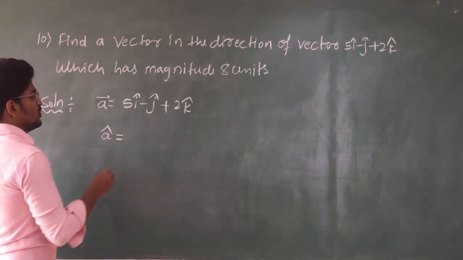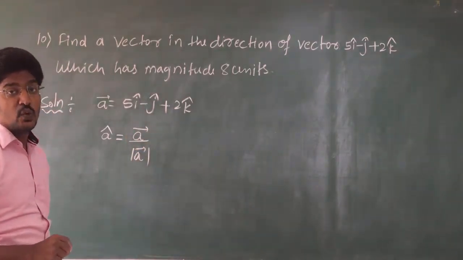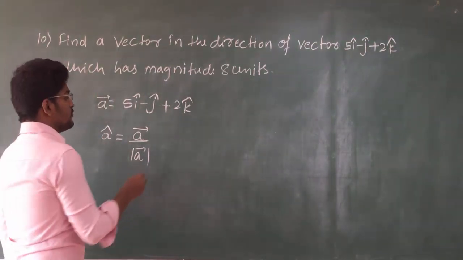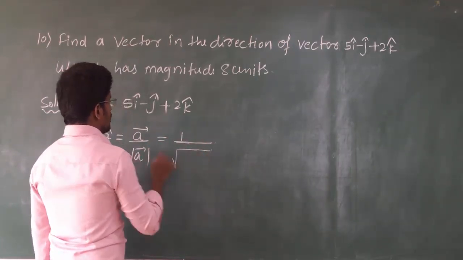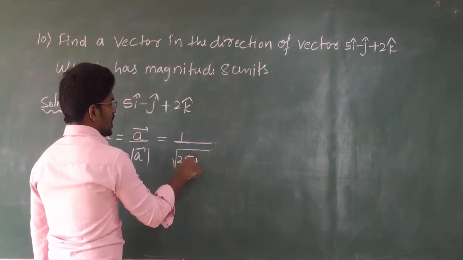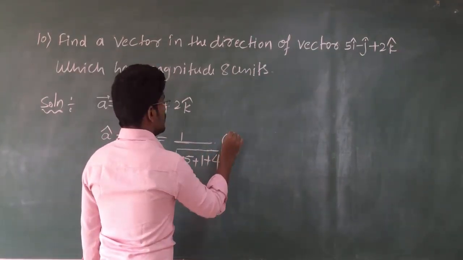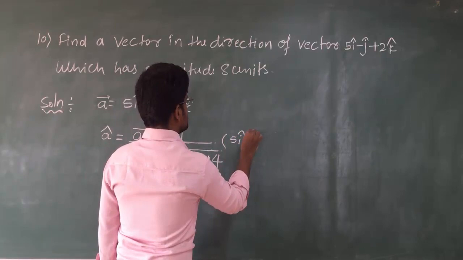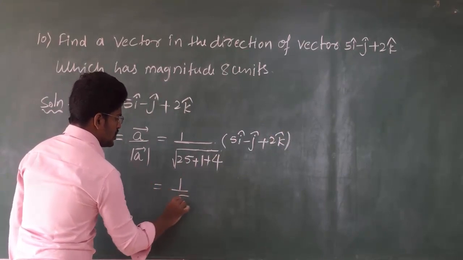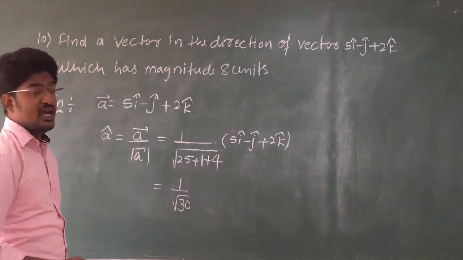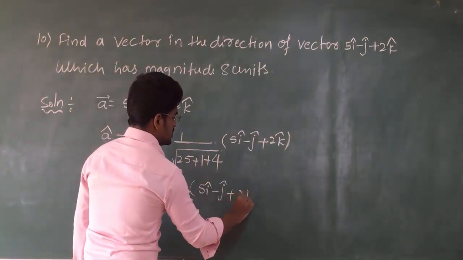So first we shall calculate A cap. A cap will be equal to vector A divided by mod of vector A, that is the unit vector of A. If we simplify this, it will be 1 by square root of 5 square is 25, minus 1 square is plus 1, 2 square is 4, into 5i cap minus j cap plus 2k cap, that is 1 by root 30 into 5i cap minus j cap plus 2k cap.